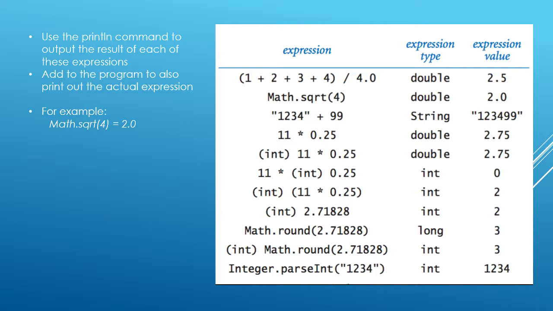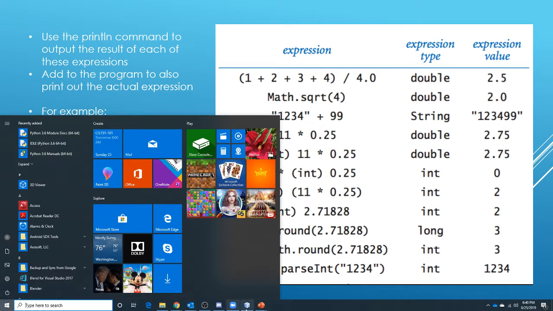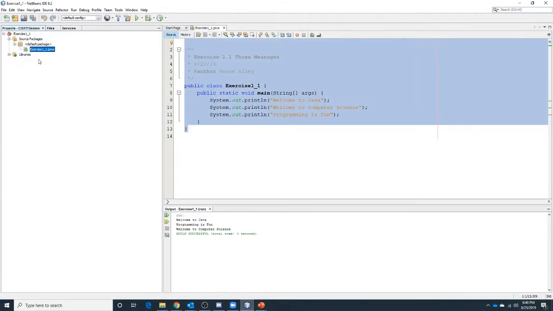In this example, I'd like you to use the print line command to output the results of each of these expressions. We could add to the program to also print out the actual expression. Let's try it. I'm going to bring up NetBeans, and I'm going to create a new project.